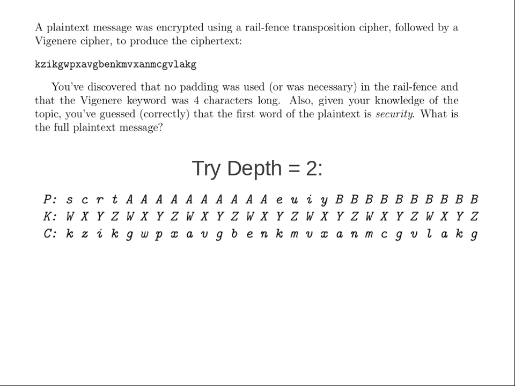So again, what I did was try depth 2, write down the ciphertext, and with a depth 2 rail fence, given the first word security, start writing it in the rail fence, put those letters into the plain text and try our Vigenere cipher.